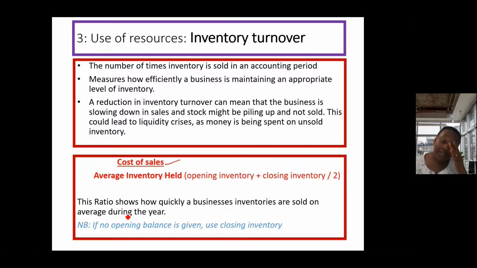When we say average inventory, you get it by adding your opening inventory and your closing inventory, and you divide that by 2. In some questions, you may not be given your opening inventory. When you're not given an opening inventory, but you have a closing inventory, you use your closing inventory figure. But usually your inventory turnover is your cost of sales divided by your average inventory. So how quickly is this business turning over its inventory in the year?